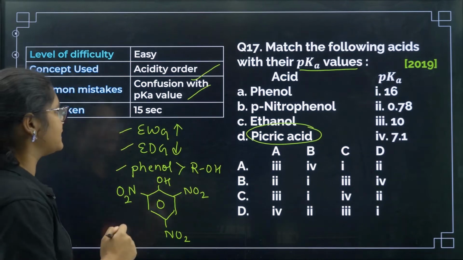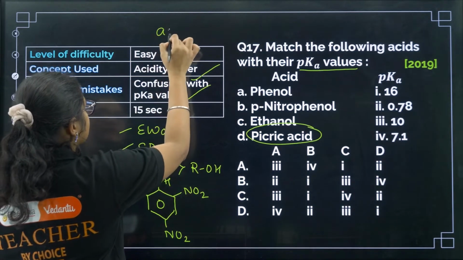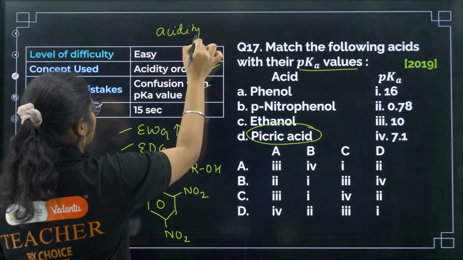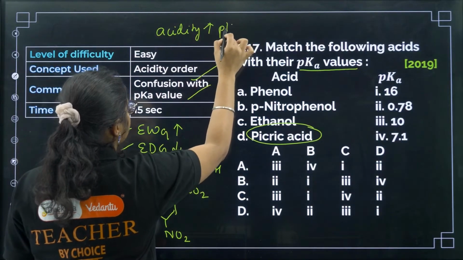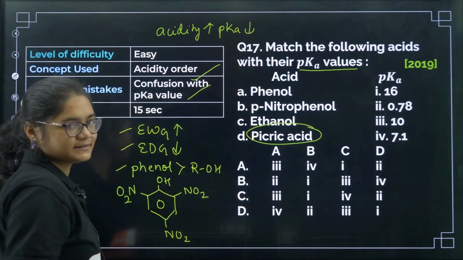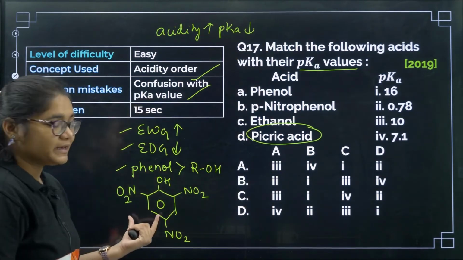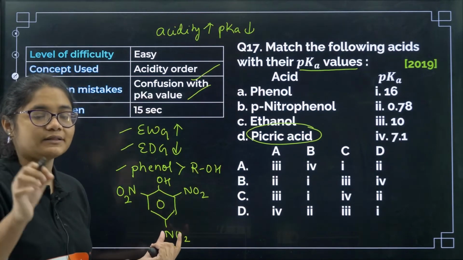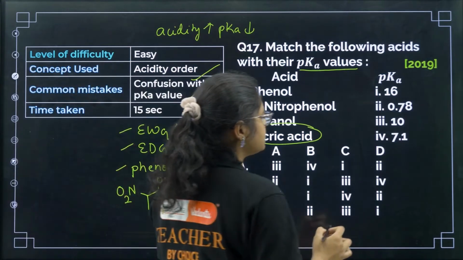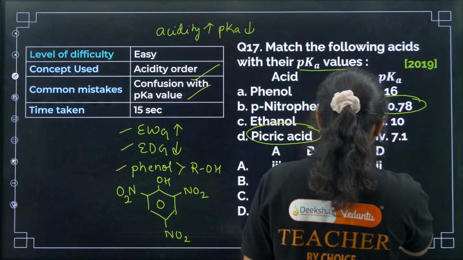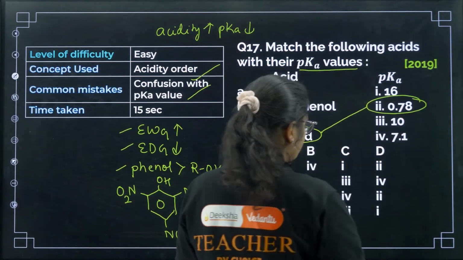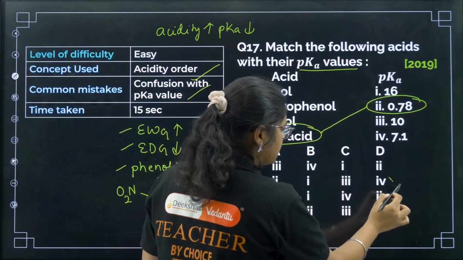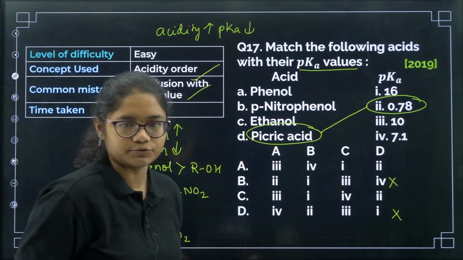But here again a catch is there, that if acidity is more or acidic strength is more, then pKa value will be very less, right? So that means if picric acid is the most acidic compound, its pKa value will be the least one. So out of this one, which is the least one? 0.78. So I can see D should be 2. So you can see which options is having D2, we can eliminate these two options.